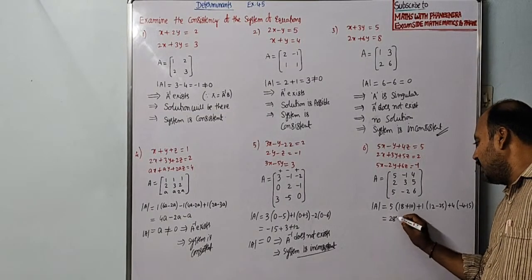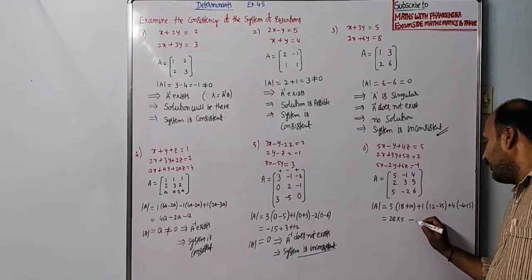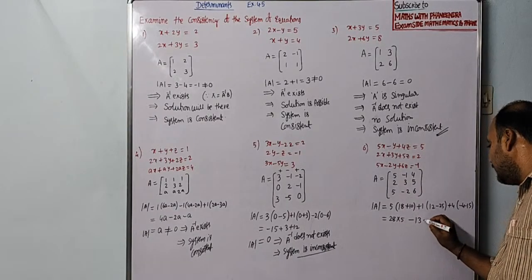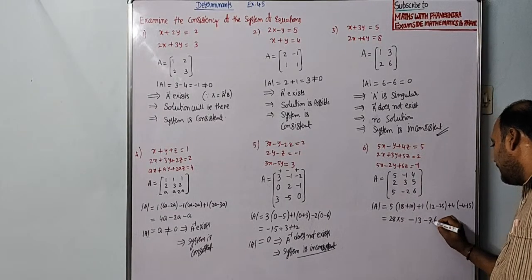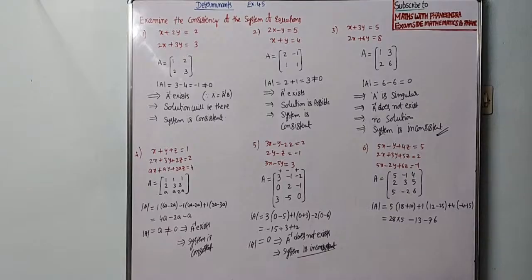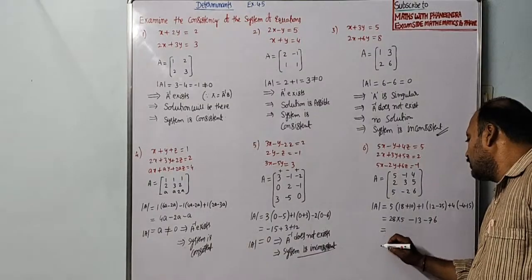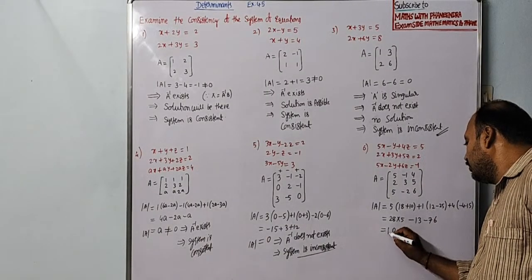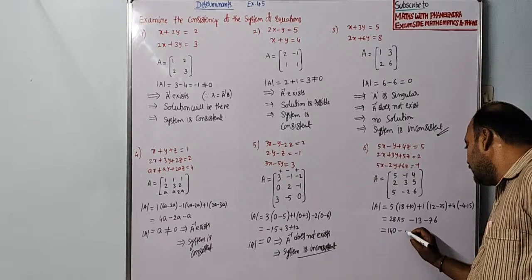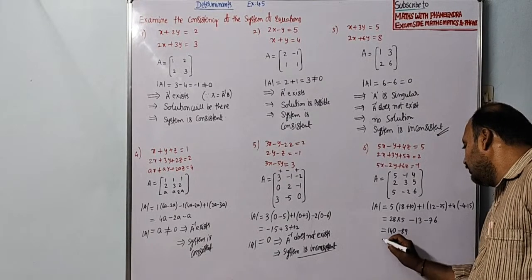So 28 into 5 minus 13 minus 76. So 140 minus 89.